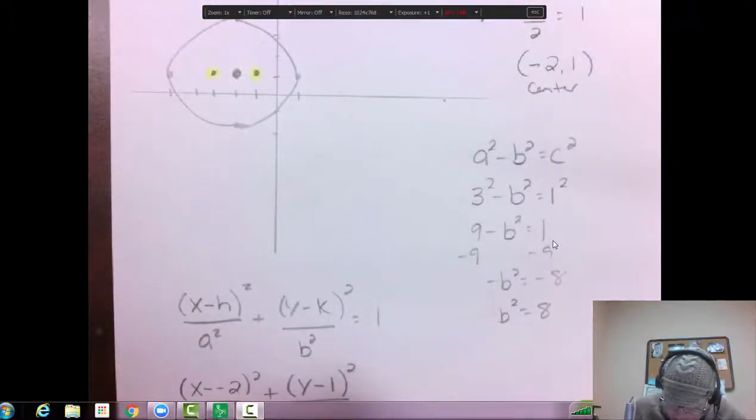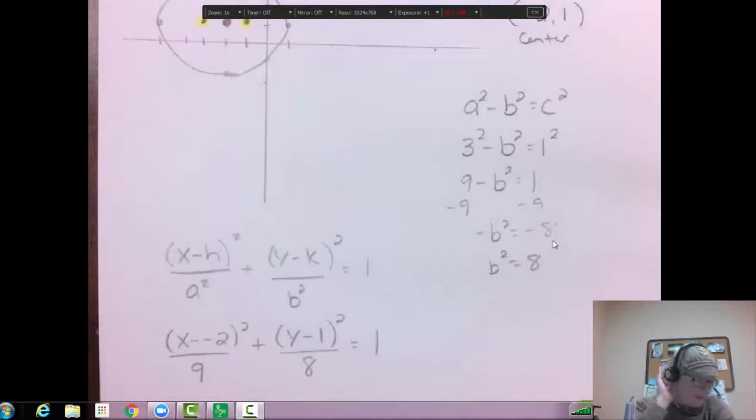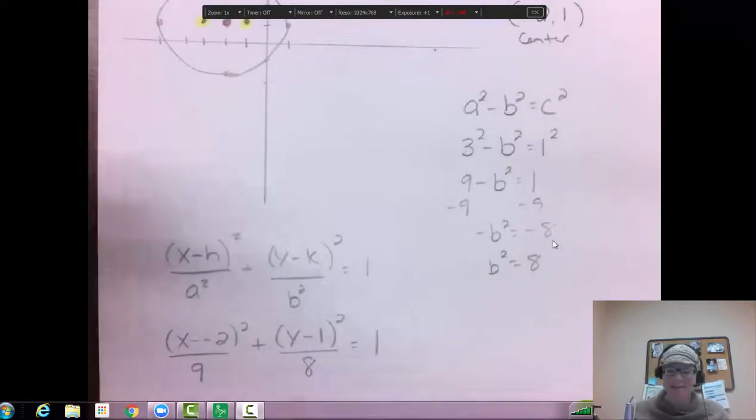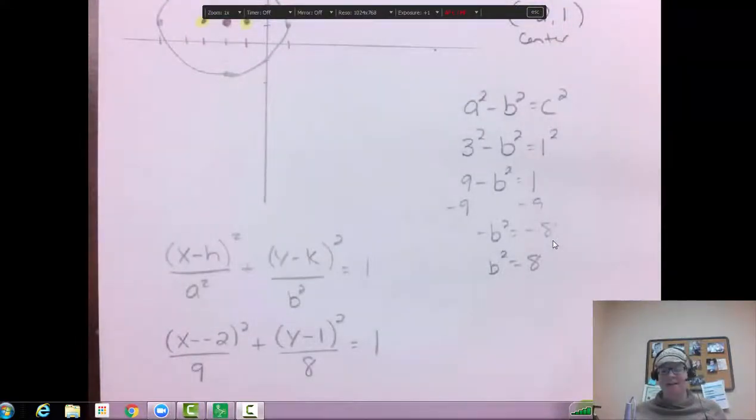So under this one will be 9, and we know b squared is 8, and then it has to equal 1, and that's our equation. All we have to do really is make the double negative positive before we put it into Math Excel. So that's one way to find the ellipse, a center, any of them, using that idea of distance on a graph with vertices and foci.